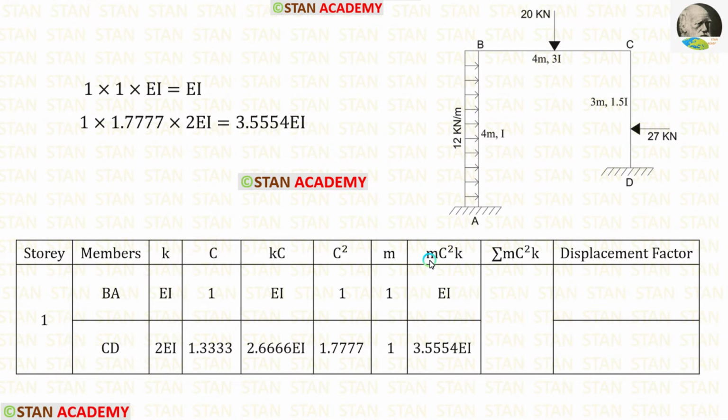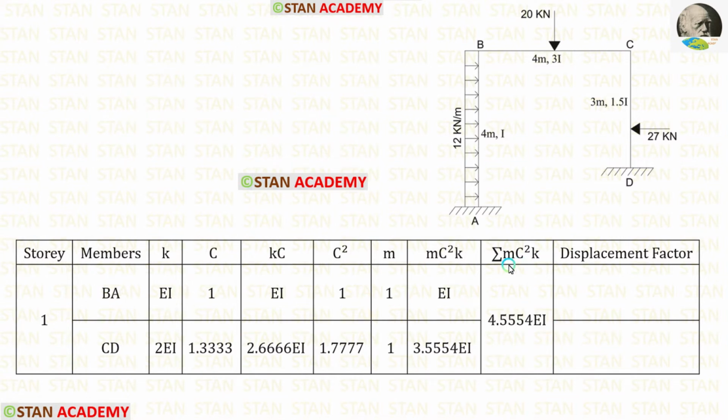Now let us find MC square K. For that, we have to multiply the values of M, C square and K. When we do that, we are getting these. Now let us find sigma MC square K. For that, we have to add these two values. After adding, we are getting these.